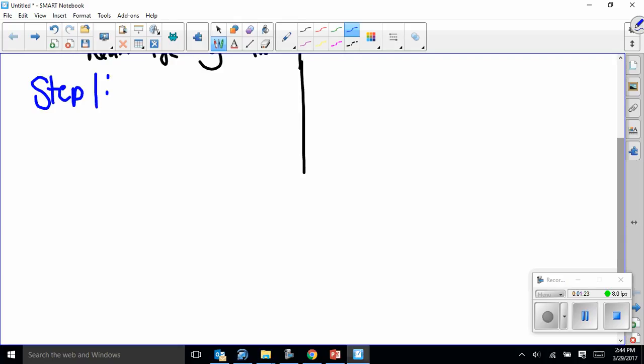We are going to move that ax, and how would we move that whole thing? Because we're moving this whole block over. What property, what operation are we going to use to move that ax? Addition or subtraction, depending on if a is positive or negative.